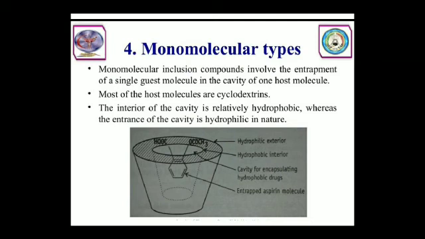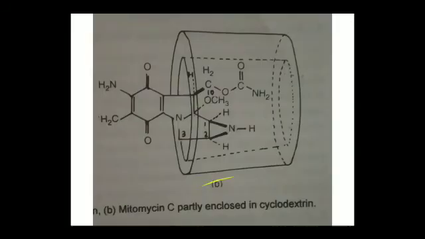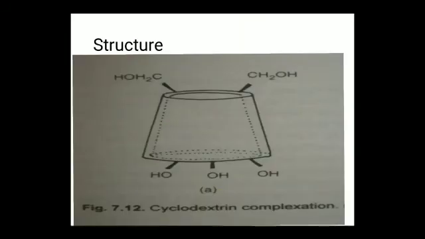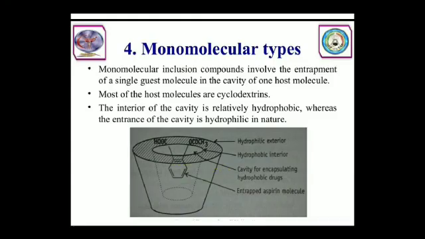The host molecules used in monomolecular types are cyclodextrins. Cyclodextrins are cyclic oligosaccharides containing 6 glucopyranose units attached by alpha 1,4 linkage.